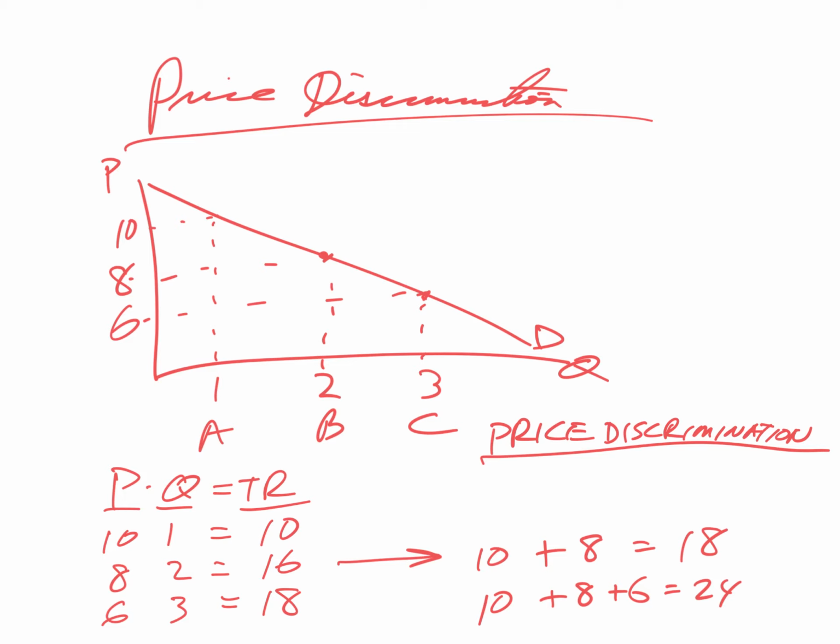And can they do it? Well, yeah, we see firms do that all the time. Here are some examples of price discrimination. Movie theaters. Do they sell tickets for the same price to everybody? No, they do not.